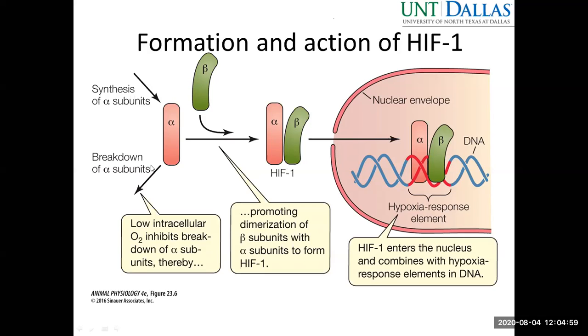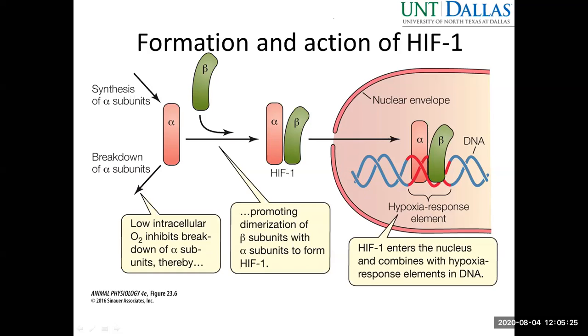Here you can see that the breakdown of alpha subunits is inhibited because of the low intracellular oxygen. This shows the synthesis of alpha subunits, and here the dimerization of beta subunits with alpha subunits to form HIF1, the hypoxia-inducible factor 1.